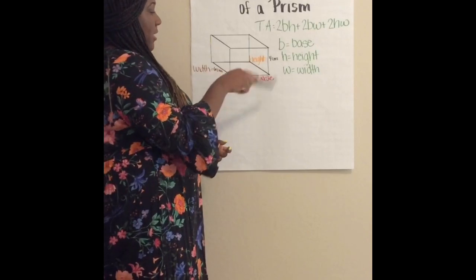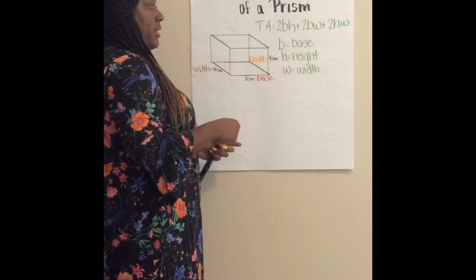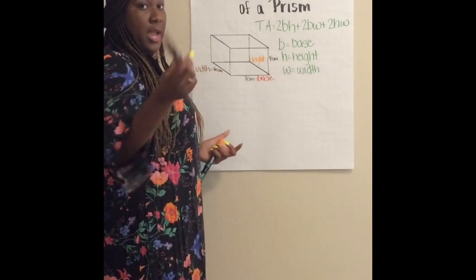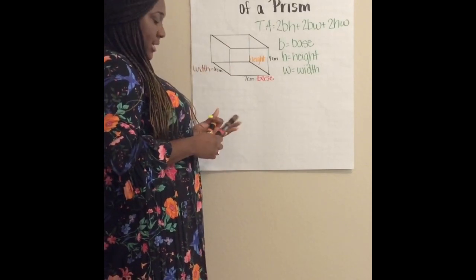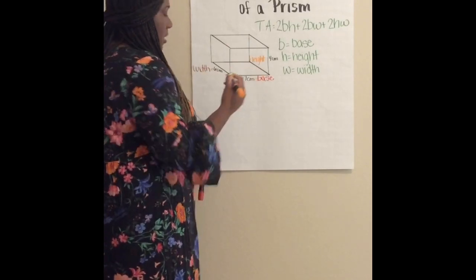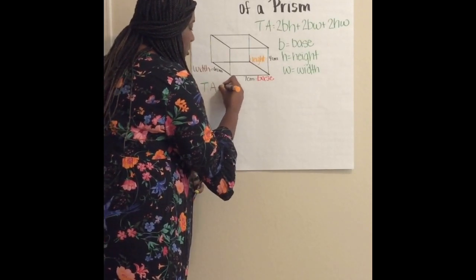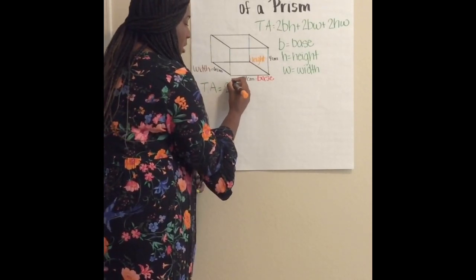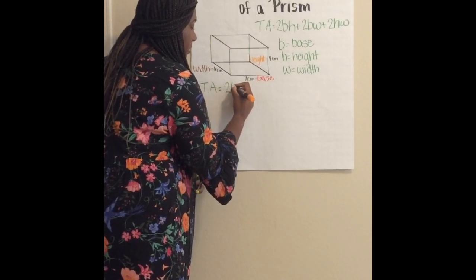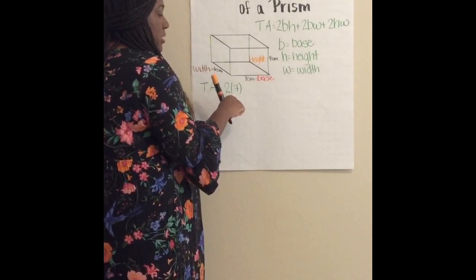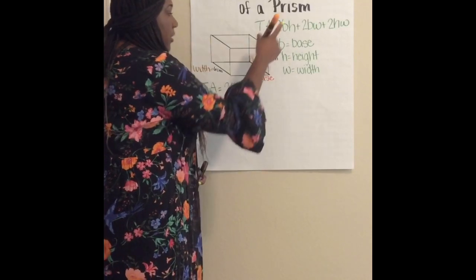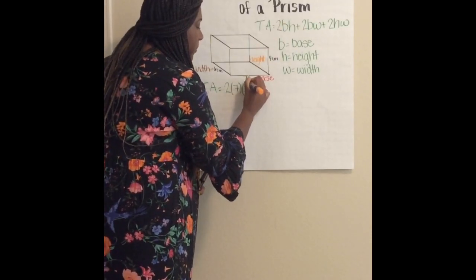So now we done identified everything. We done labeled it on here. We have our formula. So now what we need to do? Plug in. So we have TA equals 2. Our base is what? 7. Our parentheses open, close. Another one for our height, which is 4.